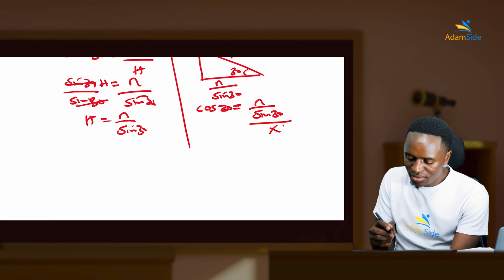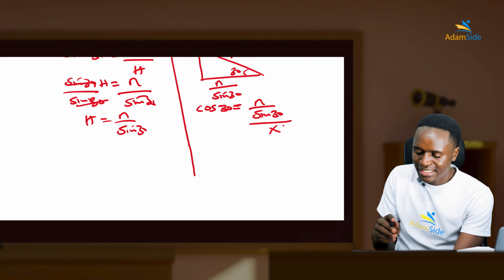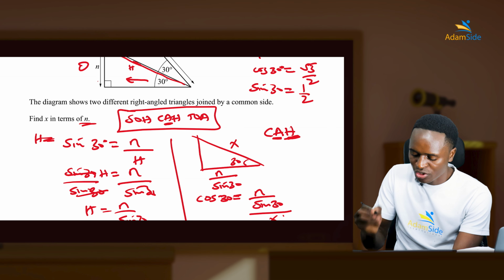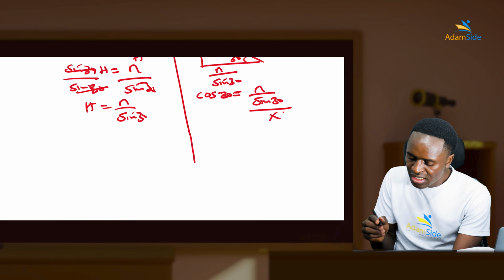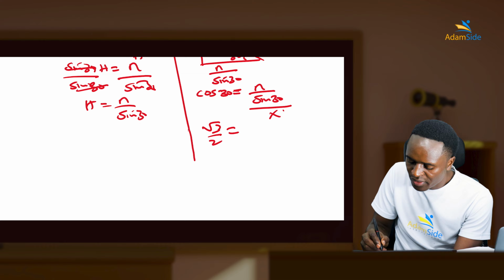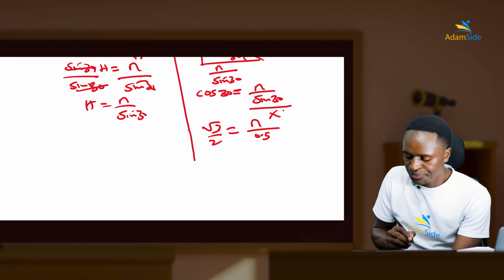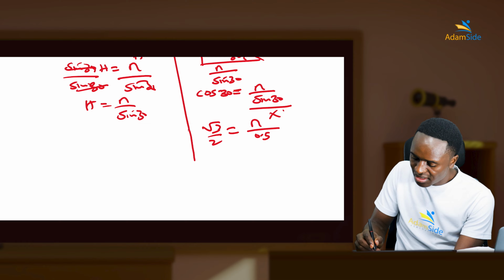So therefore, cos 30, we know from our principle, is root 3 over 2. So cos 30 is root 3 over 2, which is equal to n over sine 30, which is 0.5, divided by x.